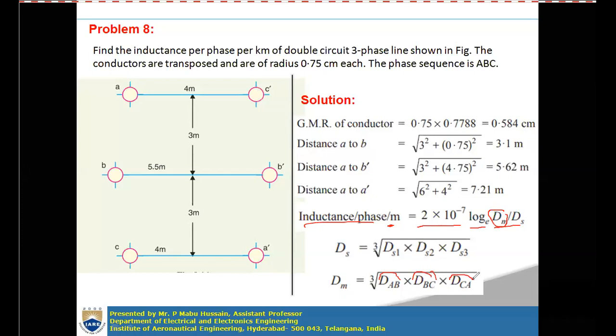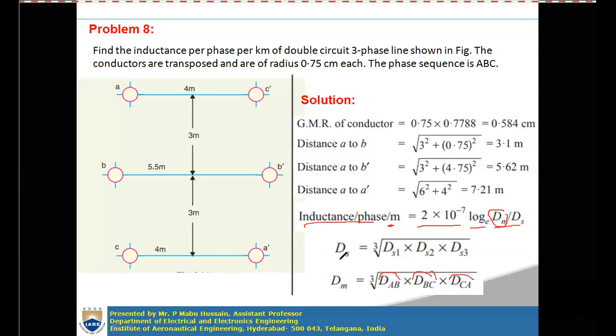In a double circuit transmission line, you first have to calculate the mutual GMD by taking two phases at a time, so that you will get three mutual GMDs, which are DAB, DBC, DCA. Then the final mutual GMD Dm value is the cube root of those three products, DAB, DBC, DCA.